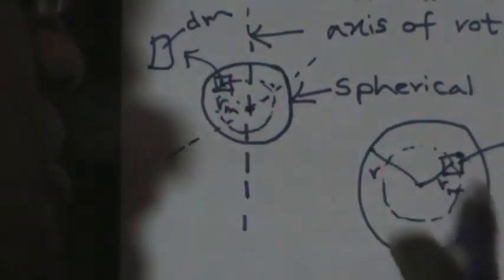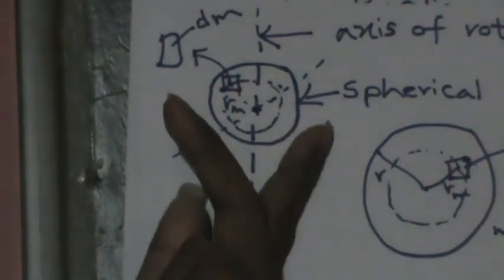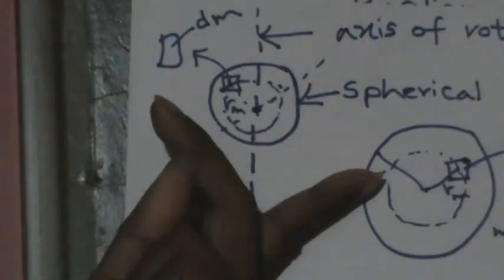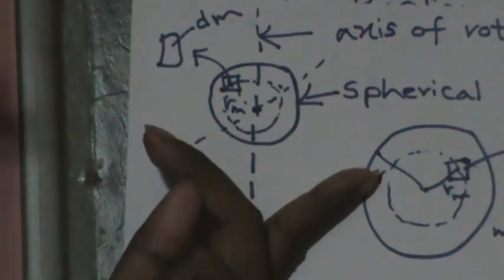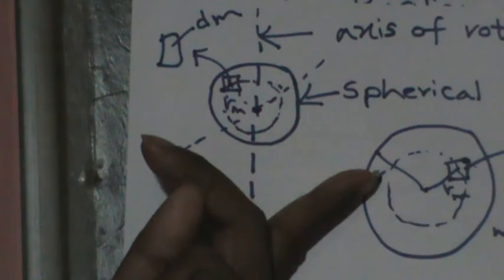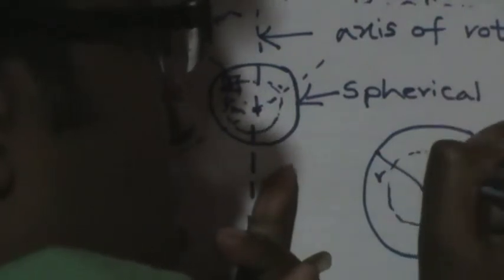So the collection of all the parts dm will make up the whole mass. The Rm, not the radius, but the distance between the center of the object and the particle I have selected, does not vary, because the center of mass lies on the same circle.